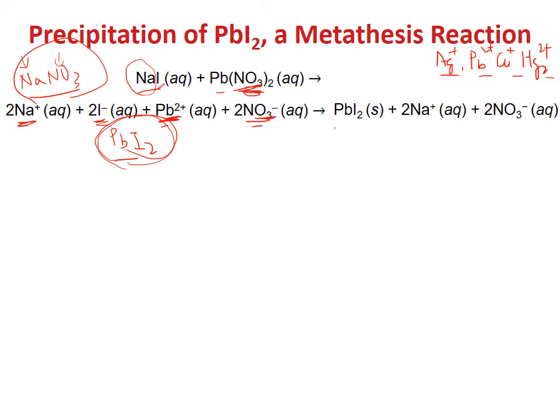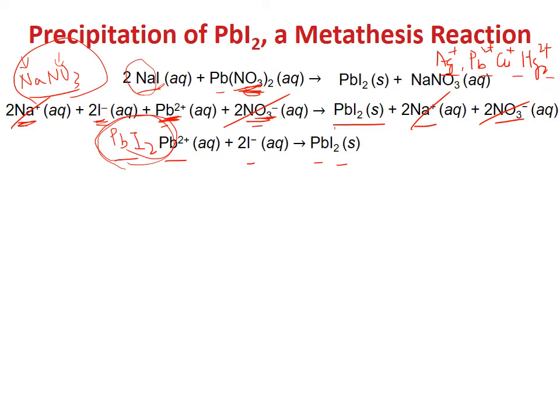Therefore we predict the product will be lead iodide, and the sodium ion and nitrate ion are the spectator ions in the solution. So we can remove sodium ion and nitrate ion from reactants and products. The net ionic reaction will be lead plus iodide forms lead iodide. And the molecular reaction will be lead nitrate plus sodium iodide forms lead iodide plus sodium nitrate. So we predict there's a precipitation reaction.